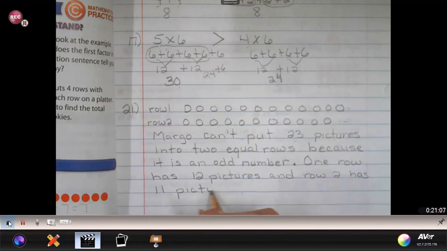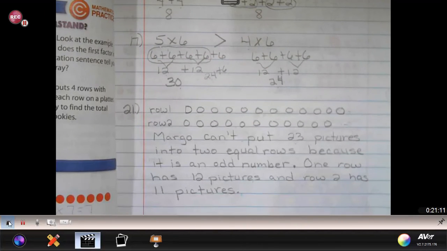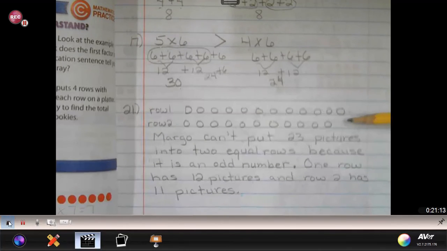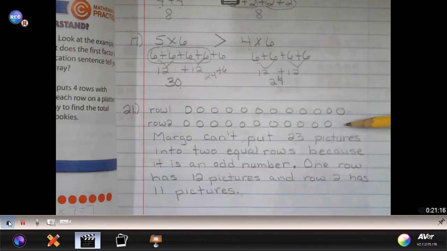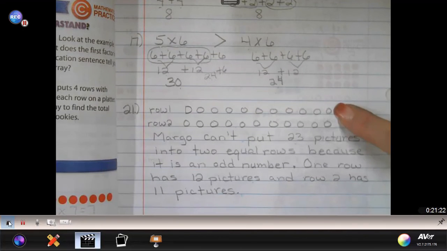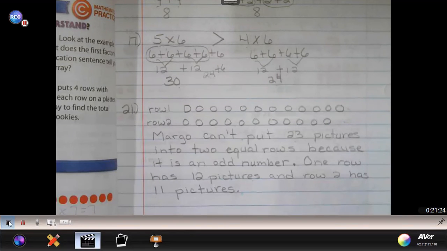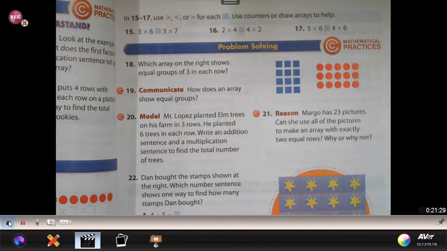Now, something that one of the students mentioned earlier today, we could add a picture to make it even, or we could take away a picture to make it even. But those are just some ideas on how you can explain why or why not Margot can put these pictures into exactly 2 rows or equal rows.